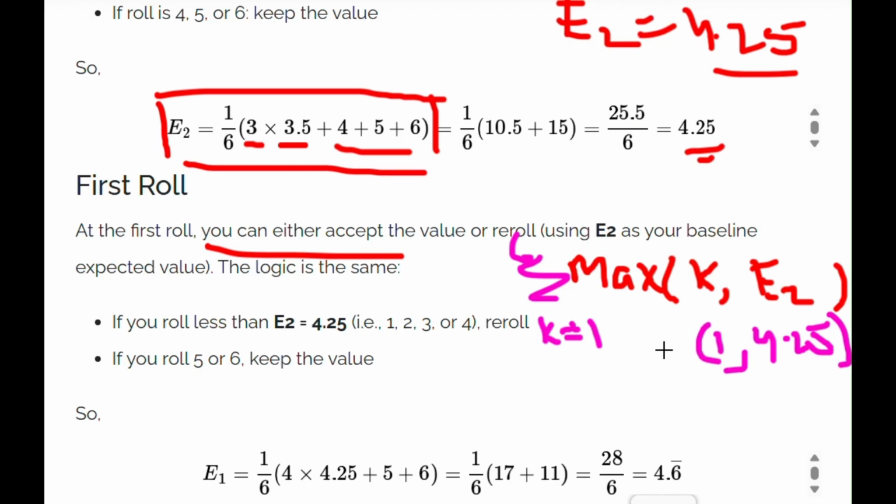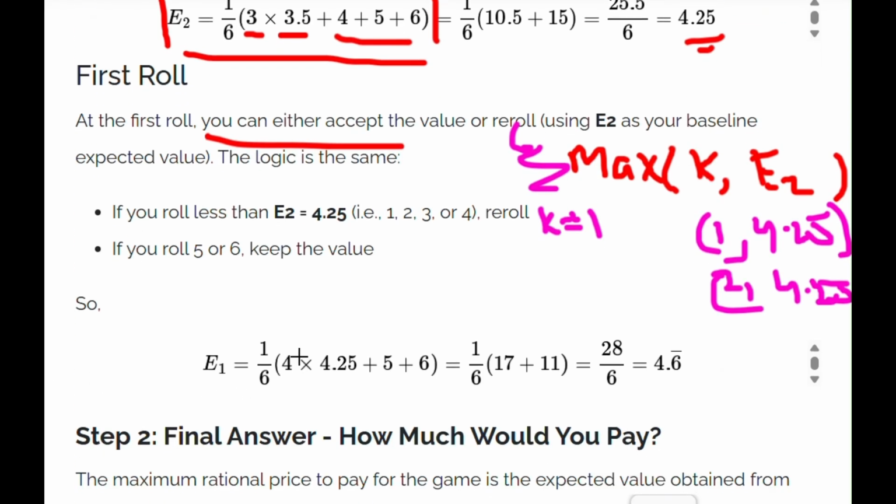So this is 1 and 4.25, 2 and 4.25, 3 and 4.25, and so on up till 6 and 4.25. For the first four terms, the maximum would be 4.25, because 4.25 is greater, and for the last two terms, 5 and 6 are greater. So it becomes 5 and 6, and each of them has a probability of 1 by 6 of a dice roll. So E1 becomes 1/6 times 17 plus 11, which is 4.66.